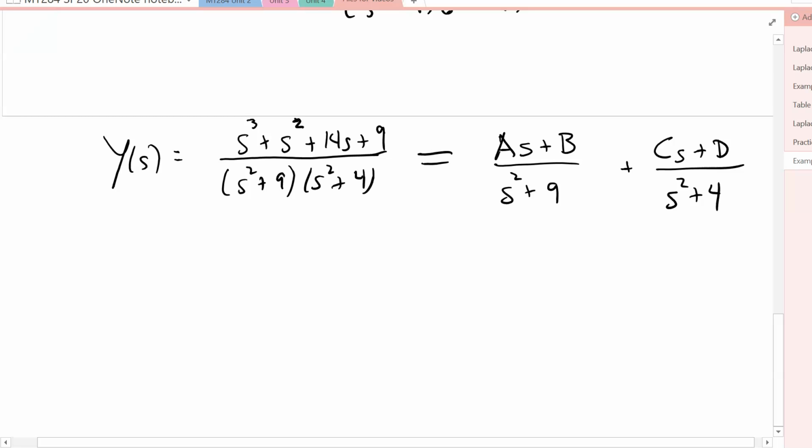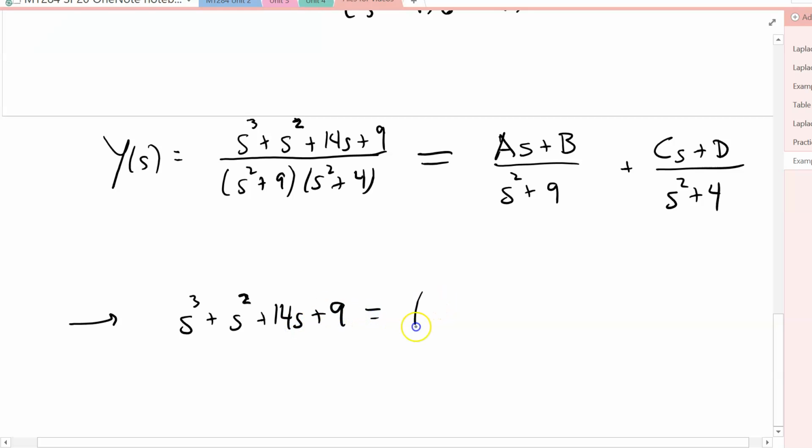And like in our previous examples, we need to now clear the fractions out by multiplying both sides by the LCD and then equate coefficients. So I'm going to jump to the next step. If you multiply each side by the LCD, which is s squared plus 9 times s squared plus 4, it's going to completely cancel the denominator on the left side, leaving us with s cubed plus s squared plus 14s plus 9.